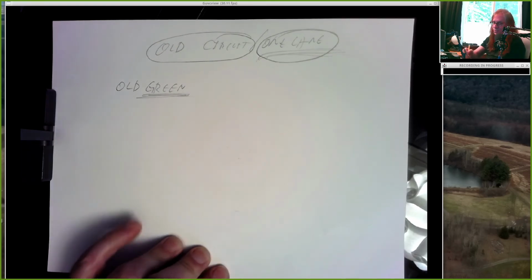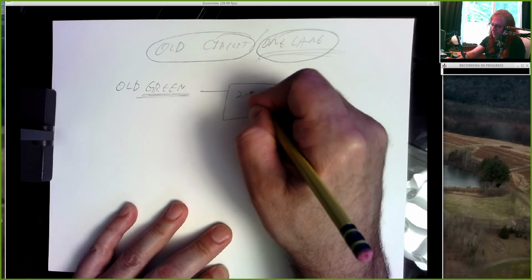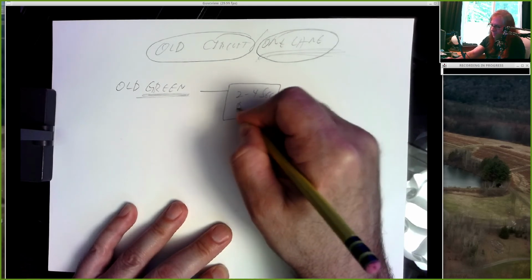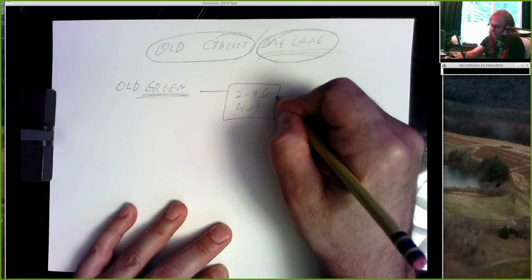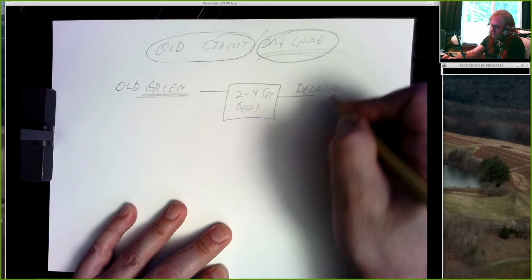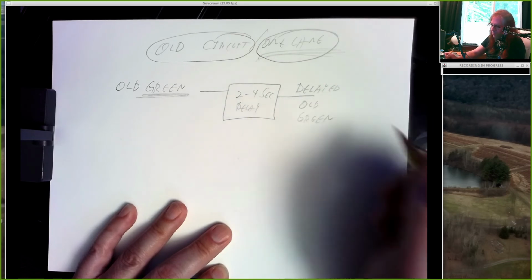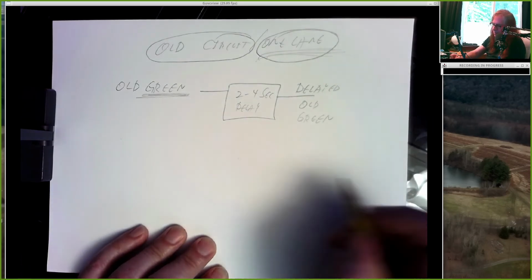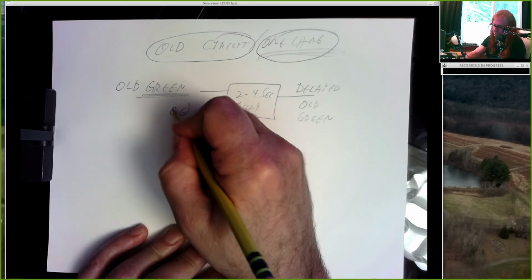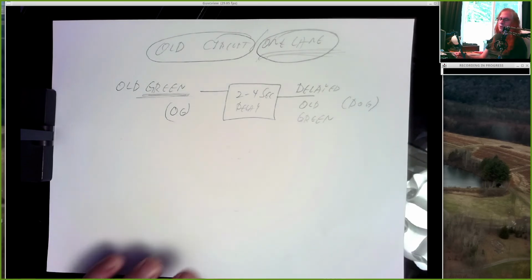All right, so here's what we're going to do. We're going to take our old green signal, and we're going to put it into our delay. And this is going to be delayed old green. So I'm going to call this OG for old green. I'm going to call this DOG for delayed old green.